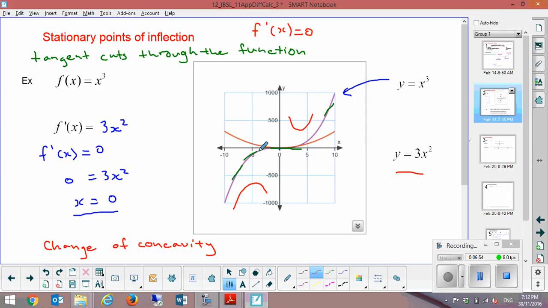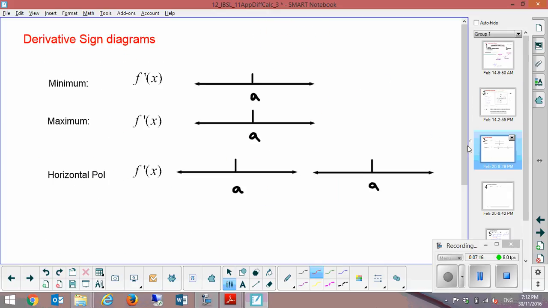It comes down to 0, touches the axis there, believe it or not, and it still stays positive because the curve continues to be increasing with a positive gradient. So two different types of stationary points. In one case we can get maxima or minima, in the other case a horizontal point of inflection.